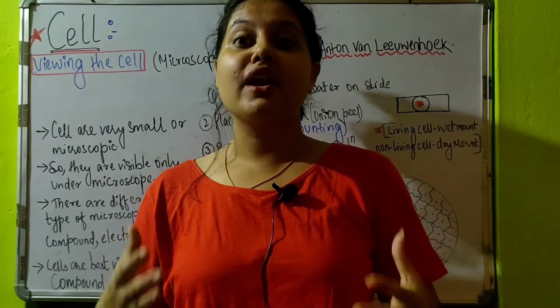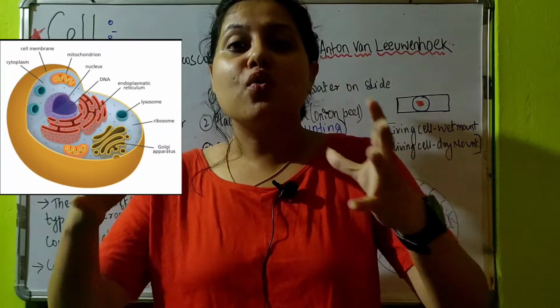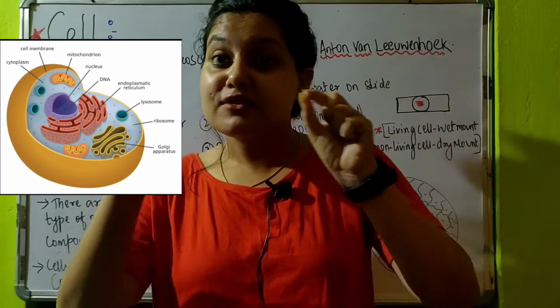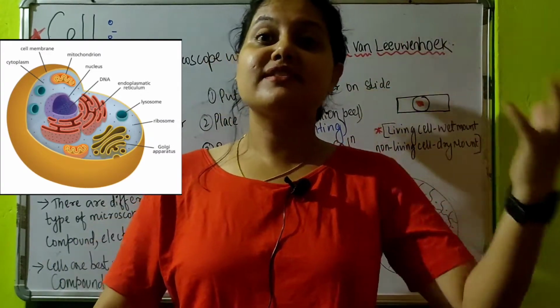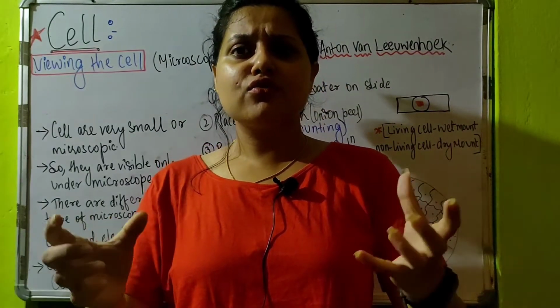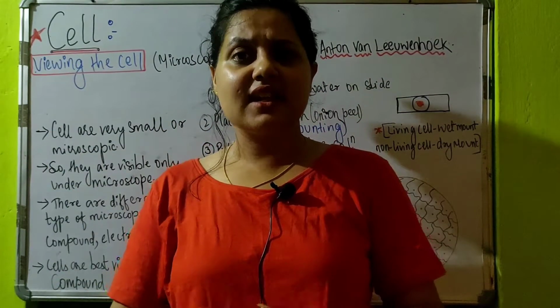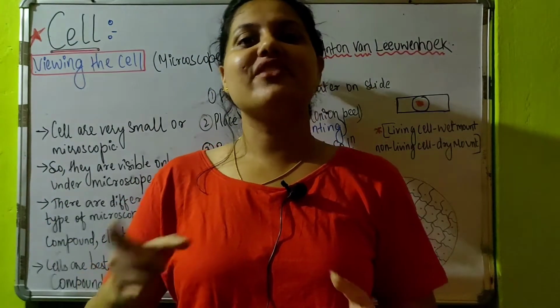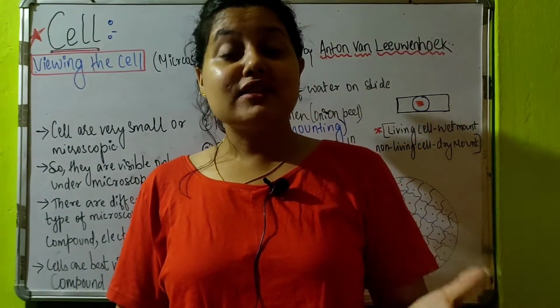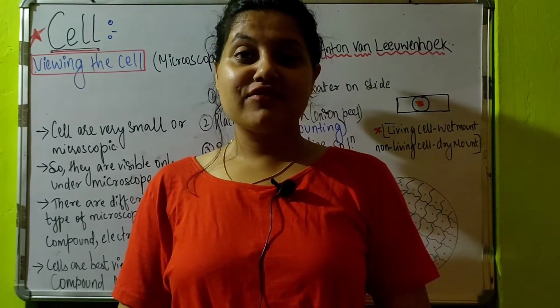And then we are now able to study the whole part of the cell. Even what is present inside the cell is also known now, isn't it? Previously it was tough for us to know even the shape or size of the cell, but now we can also study the internal structure of the cell. And why is it important to see the internal structure of the cell?